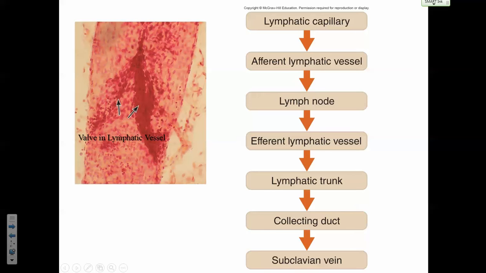So it's going to make its way into the bloodstream. On the left, you can see a micrograph showing a lymph vessel, and you can see the valves in it. They're exactly like the valves in a vein, just made up of endothelial cells.